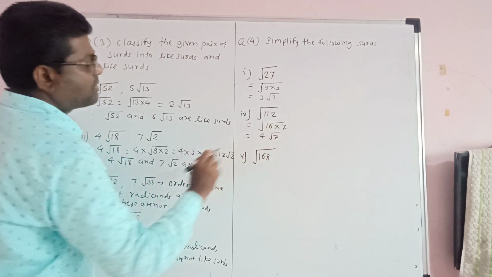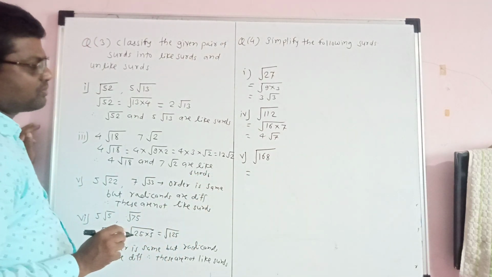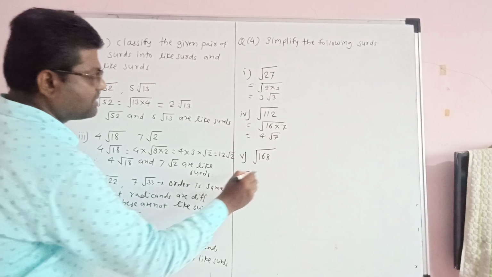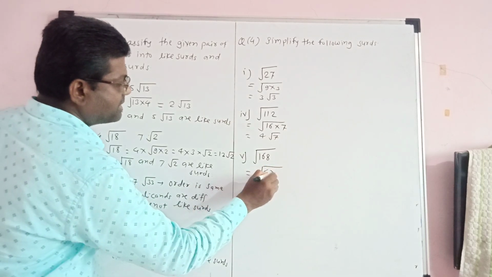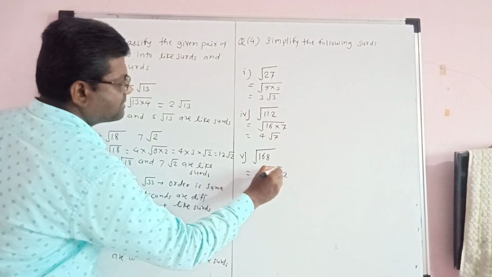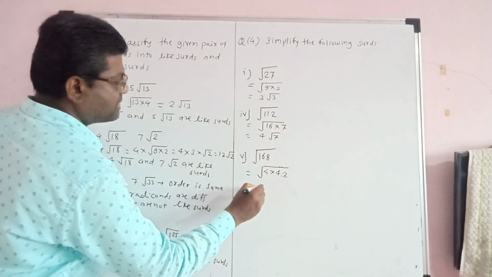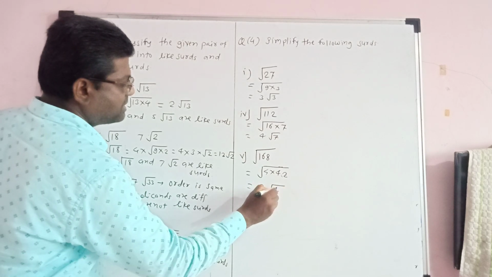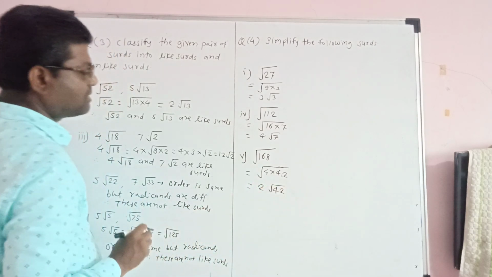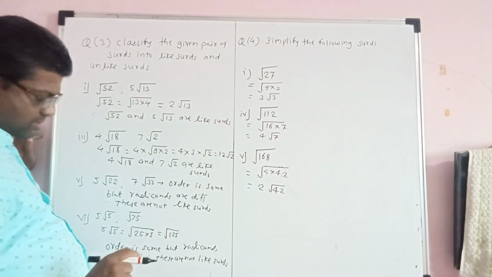That will be 4 root 7. Now square root of 168 can be written as 4 into 42. 4 into 42 is 168. Square root of 4 is 2. So 2 root 42. This is the simplification of the given surds.